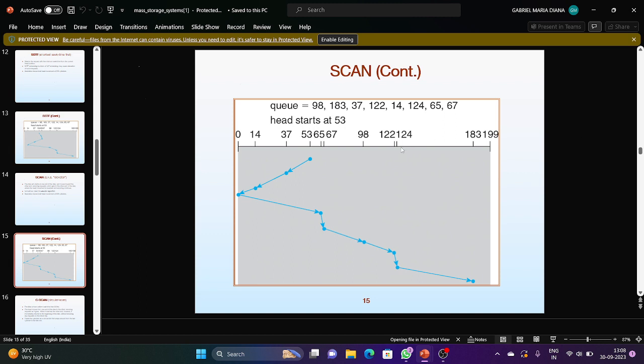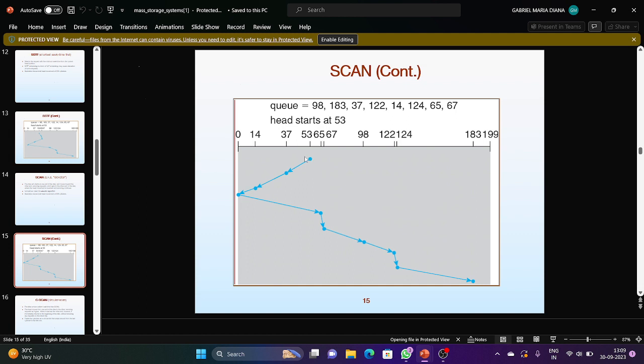Here the initial read write head points at 53. The SCAN algorithm tells us that from the initial state the read write head goes to the starting position of the platter, 0, and in between it serves whichever processes come along.